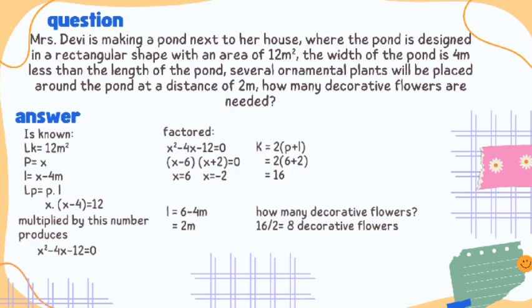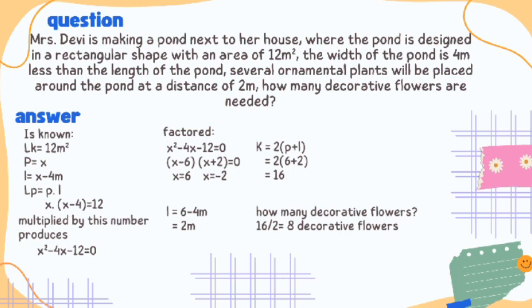Then factor x squared minus 4x minus 12 equals 0. (x minus 6)(x plus 2) equals 0. X minus 6 becomes x equals 6.